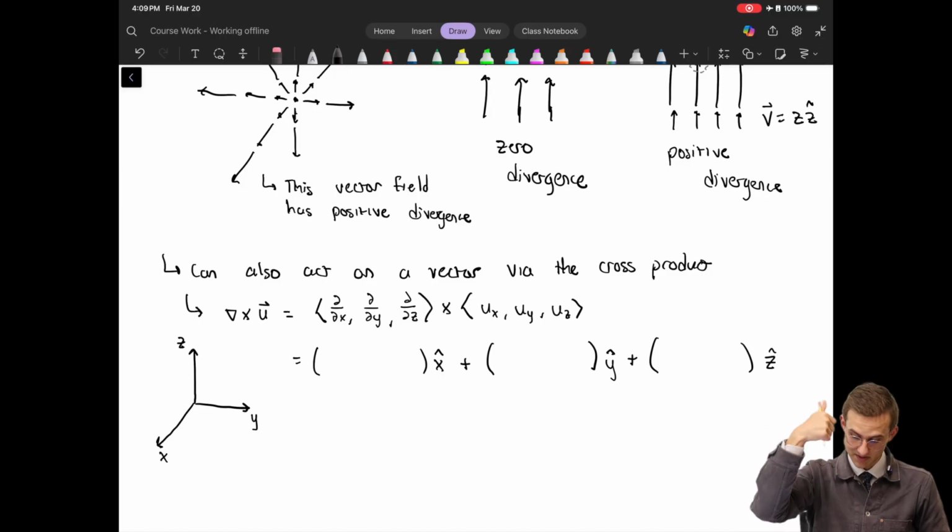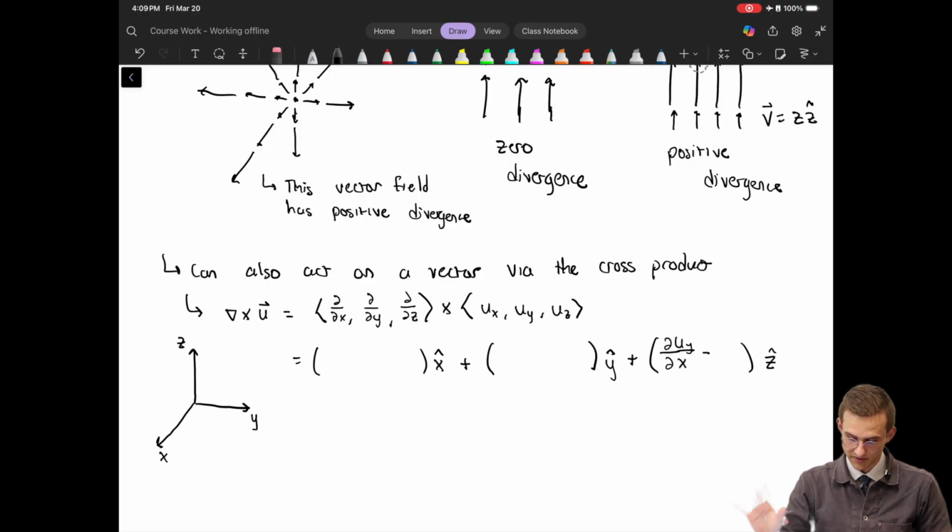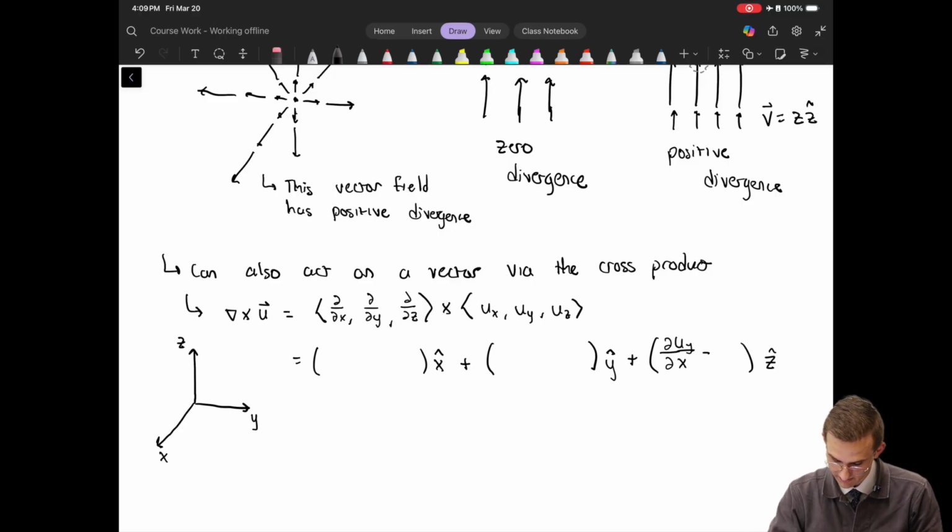The x cross y component is in the positive z direction, so you know that d by dx cross y is going to be your d by dx of uy, so duy dx, and then the negative component is the y component cross the x component, right? That's going to give you a negative z direction for the way your thumb is pointing in the right hand rule. So then you have dux dy.